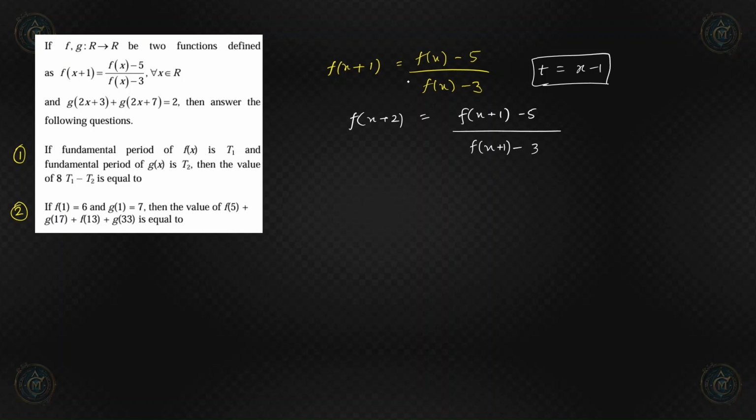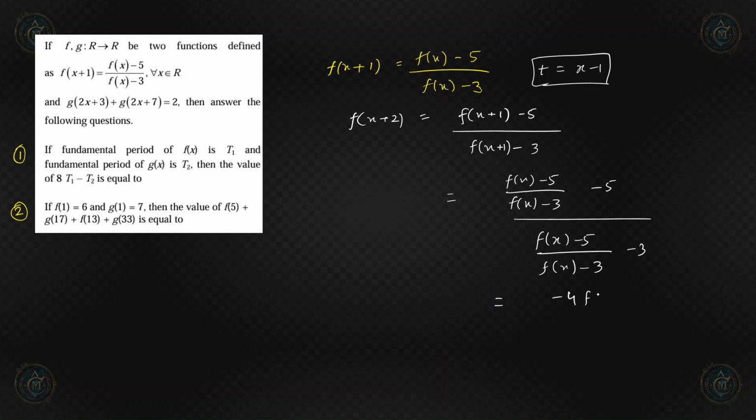So f of x plus 1 we can again substitute from this equation. So we get (f(x) minus 5 divided by f(x) minus 3) minus 5, divided by (f(x) minus 5 divided by f(x) minus 3) minus 3. Okay. So this, if we simplify, becomes minus 4 f(x) plus 15 minus 5, that is plus 10.